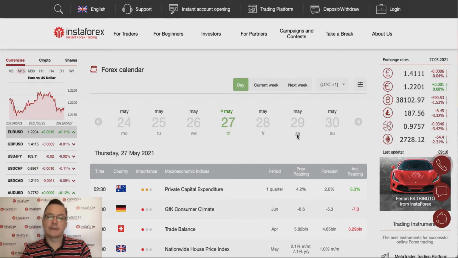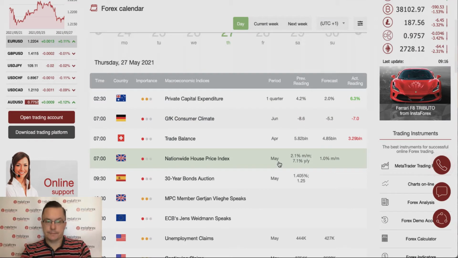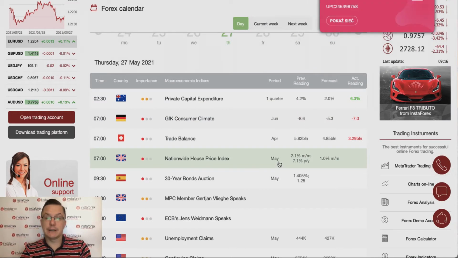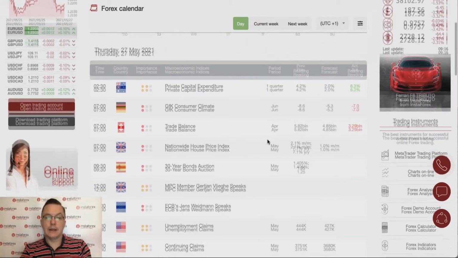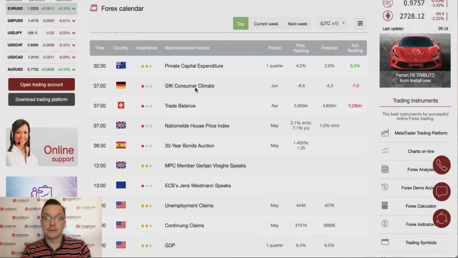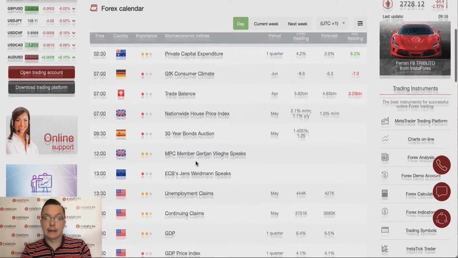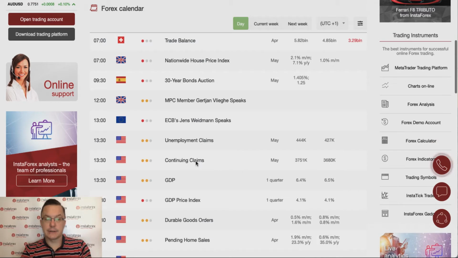Let's take a look at the Forex calendar. No important data had been published overnight, and during the London session there isn't much from the data side today. We got speeches from the MPC member at 12 o'clock, and that's about it.